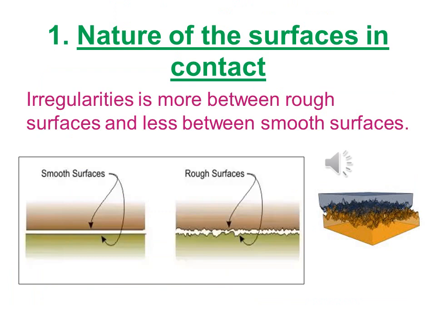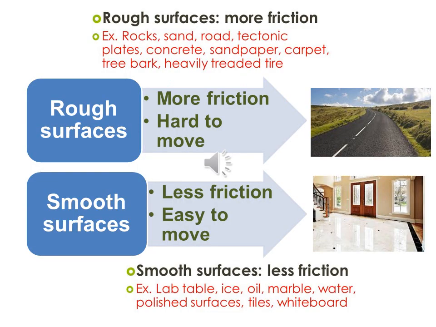The nature of the surface in contact. This picture will give you an idea about how the irregularities are different for a rough surface and a smooth surface. Because of the nature of the surface, the irregularities will be different. In a rough surface, the irregularities are more, so it offers more friction, and it is very hard to move that object.